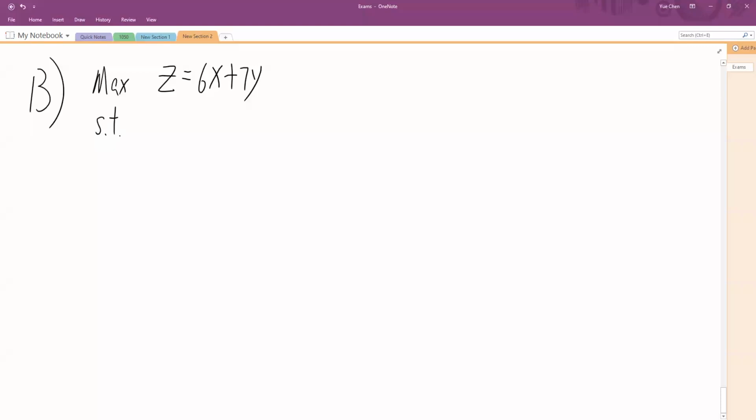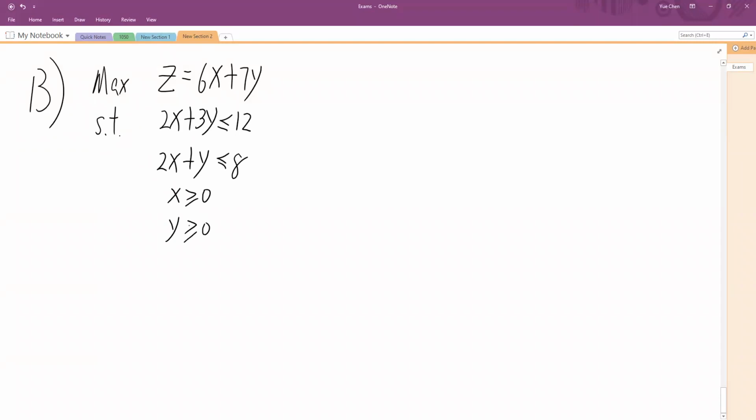Subject to, that means the constraints, okay? The following are the constraints. 2x plus 3y less than or equal to 12. 2x plus y less than or equal to 8. x greater than or equal to 0, y greater than or equal to 0.